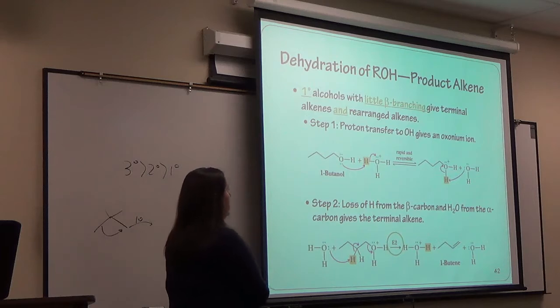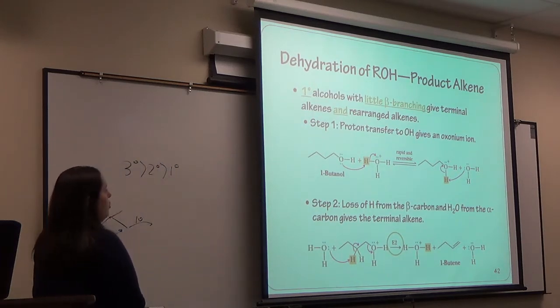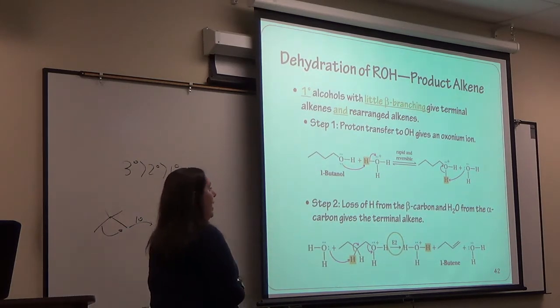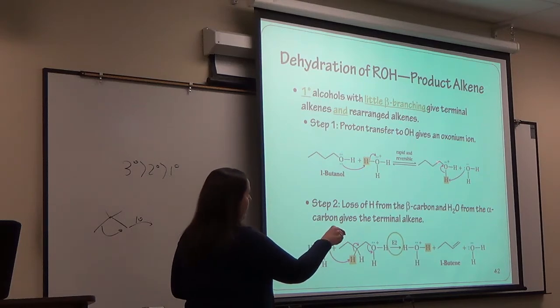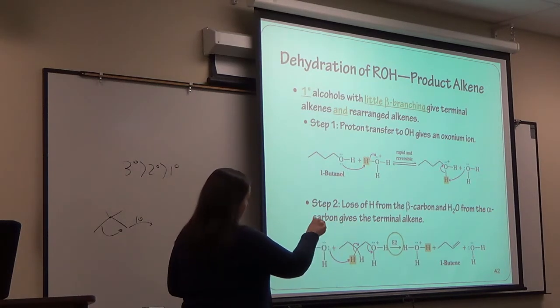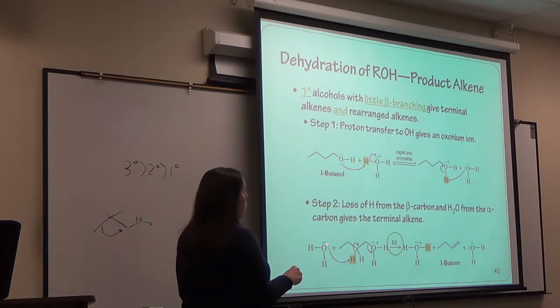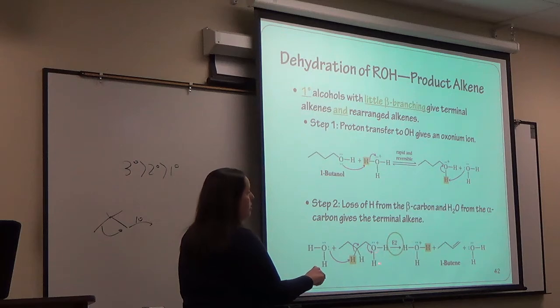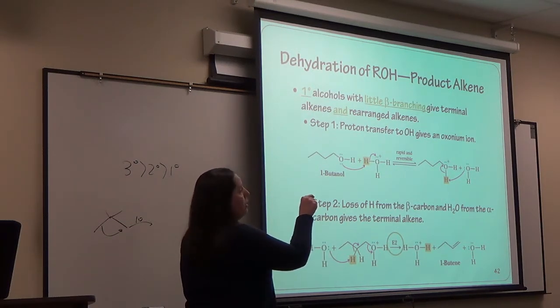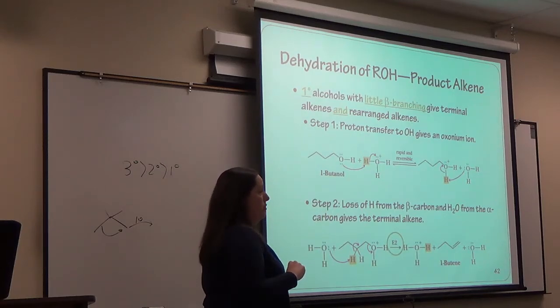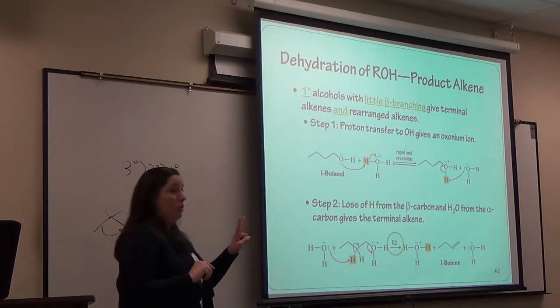Now what about primary alcohols that have little beta branching? There is a mechanism for this. You can form that double bond at the terminal. So again, the protonation forms the oxonium, and that's going to leave as water, but everything happens at the same time. So there is an E2 option only for the primary alcohols with little branching. Secondary carbons will undergo E1.